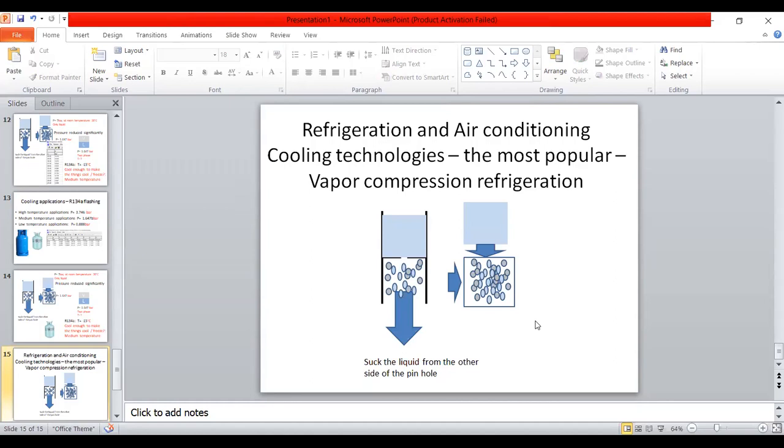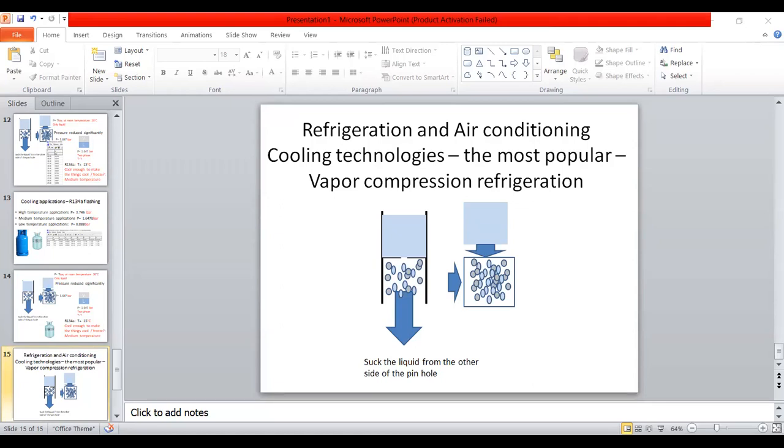So it is very important to understand what's happening. So in industries, to make this flashing in the cooling systems, there are two specific components.